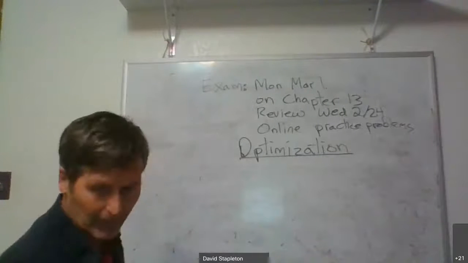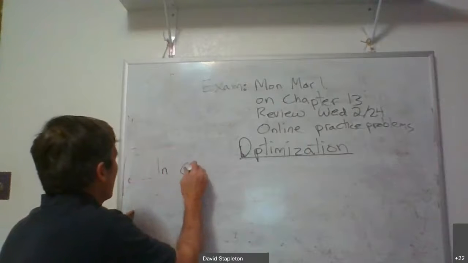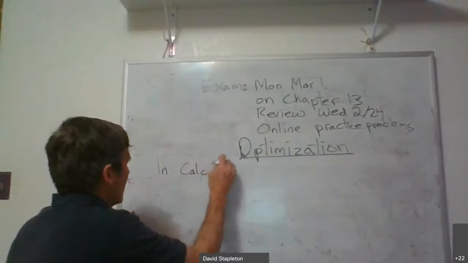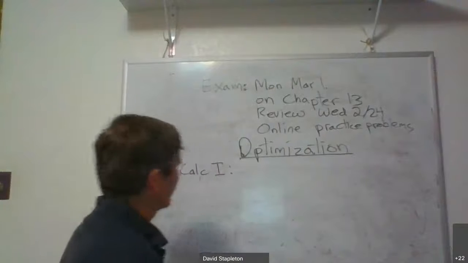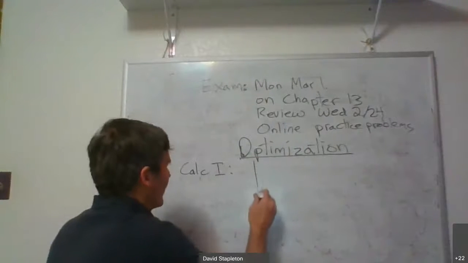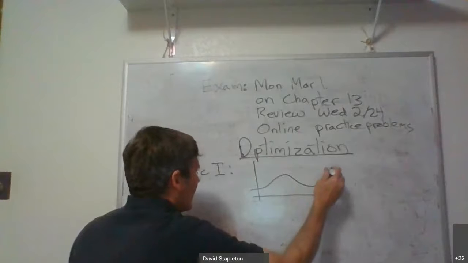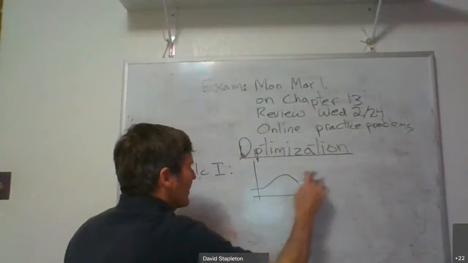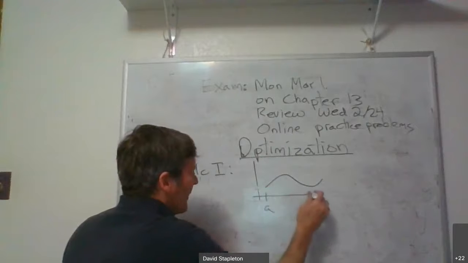So we'll say first, in calculus 1, what do we have to optimize a function? We were given a function of one variable, a real valued function of one real variable, y equals f of x, on an interval from a to b.